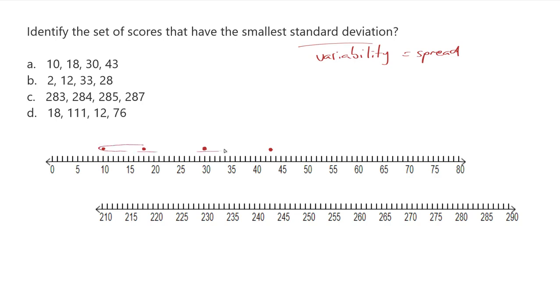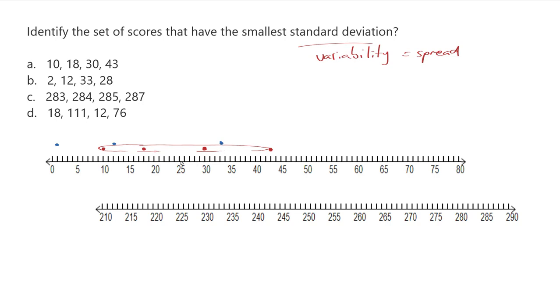So just to highlight the spread, that's what I'm dealing with there. Okay, now for B, what I'm going to do is change the color up. And so B, those values are 2 and 12, 10, 11, 12, and 33, 30, 31, 32, 33, and 28.